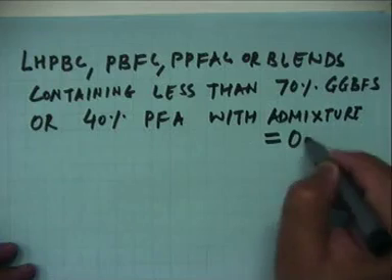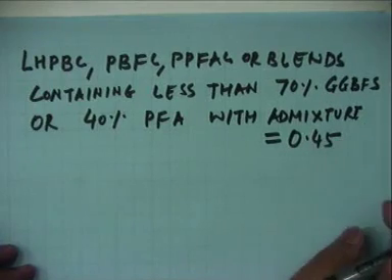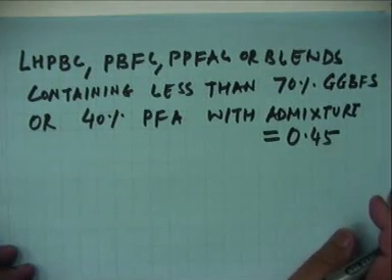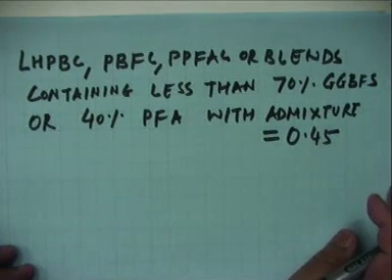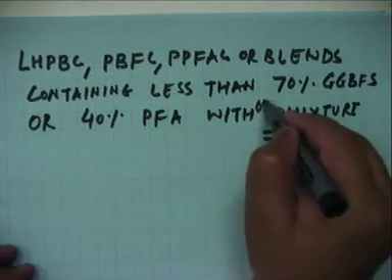For this also you have a C2 value of 0.45, right? Sorry, this is without admixture.